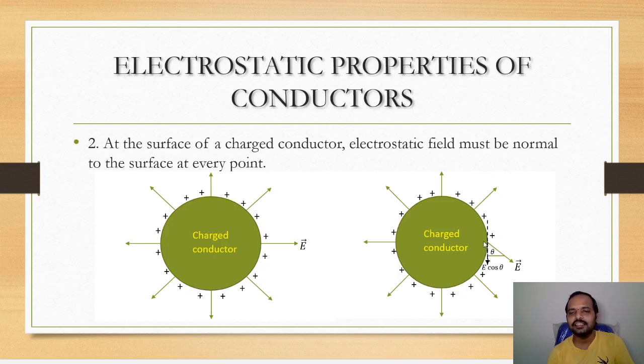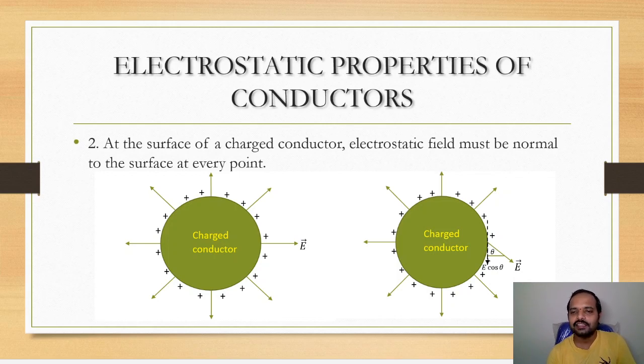That is, if there is a component of electric field which is not along the normal, then obviously the tangential component will make sure that the charges are not completely at rest, which is not the case in reality. Any charged conductor will not have any kind of current flowing over its surface until and unless you apply an external field.